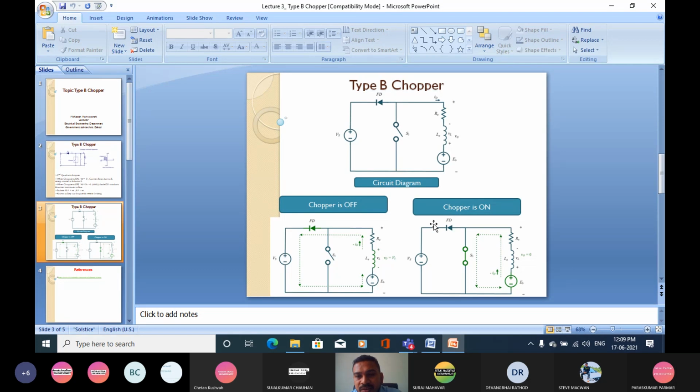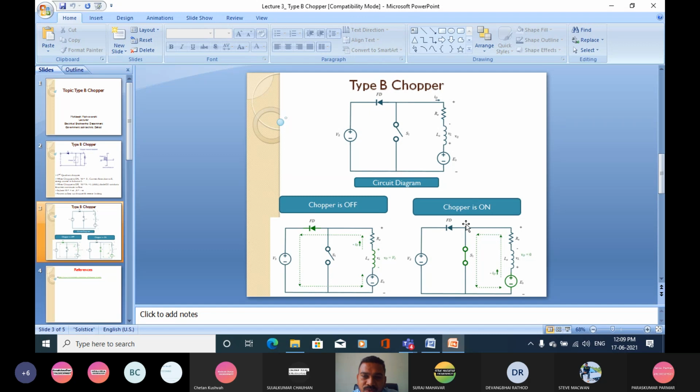So when chopper is on, at that time this switch becomes closed. So this switch is in the closed condition. At that time the source voltage is short circuited with the help of this switch.